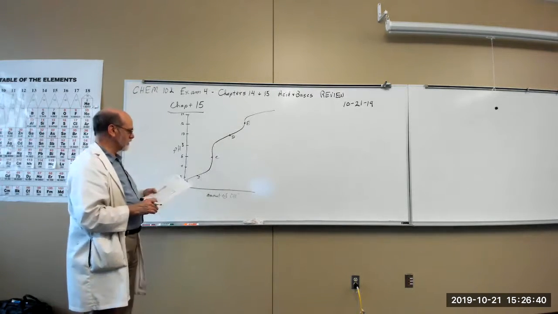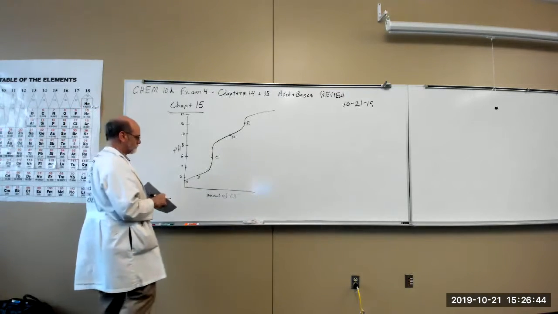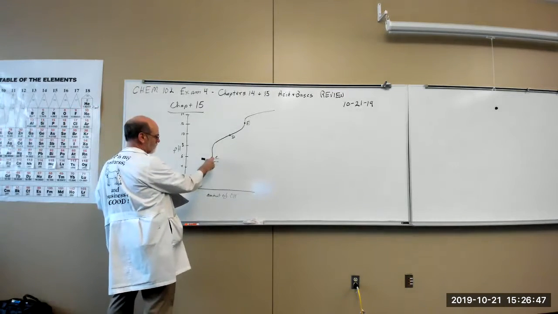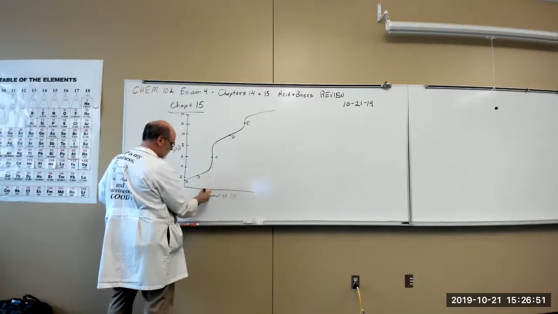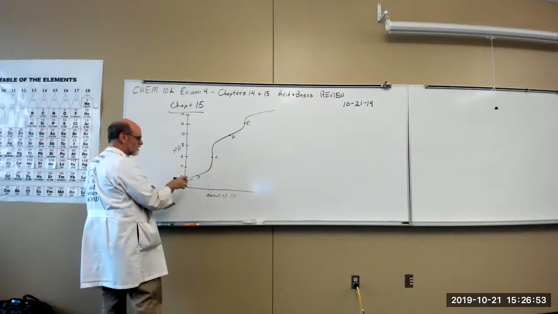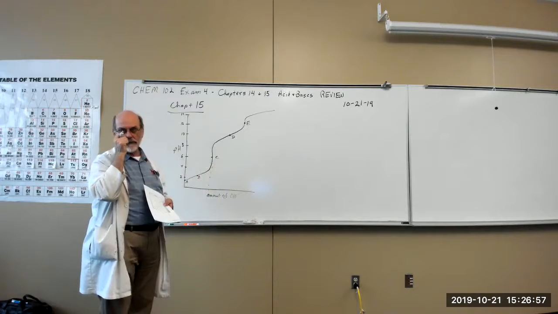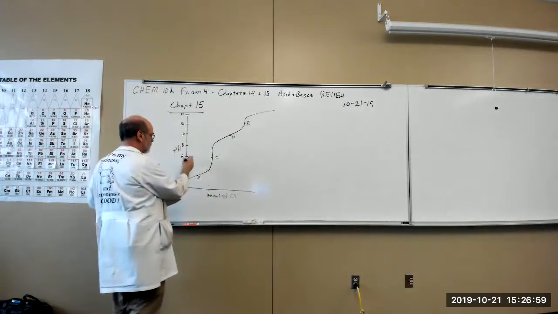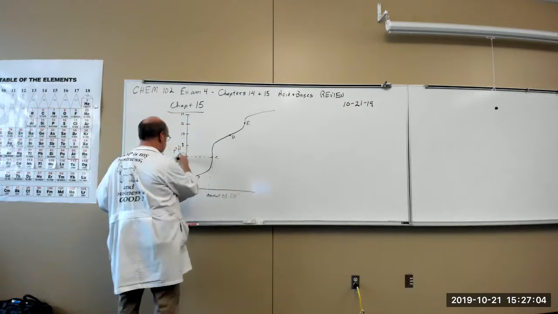Where are our equivalence points? Where's the first equivalence point? Right there. At that point, the amount of acid is equal to the amount of base for the first proton. Okay? So that means the first equivalence point is pH 6.